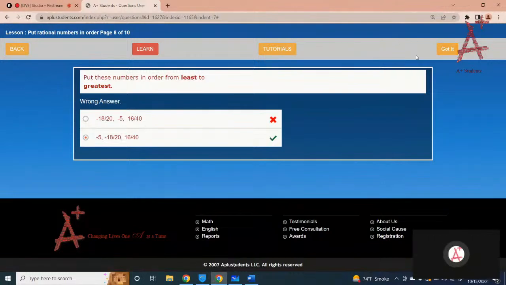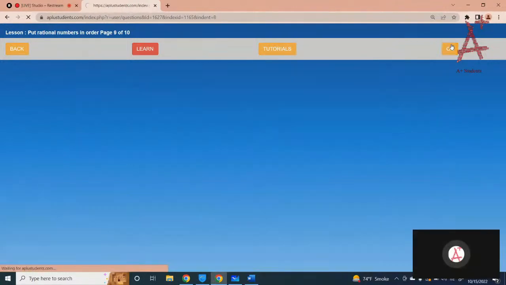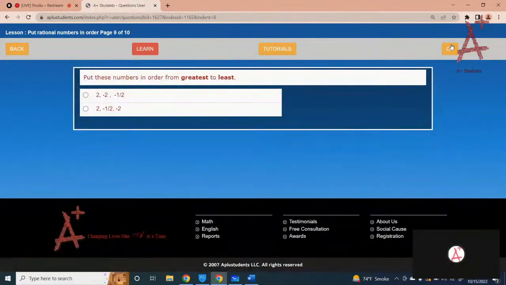Oh, negative 5 is the least one. Sorry, I forgot we have negative 5 also. Okay, put these numbers in order from greatest to least. So 2 is the greatest one. Then we have negative 1 by 2. And then we have negative 2. Got it?